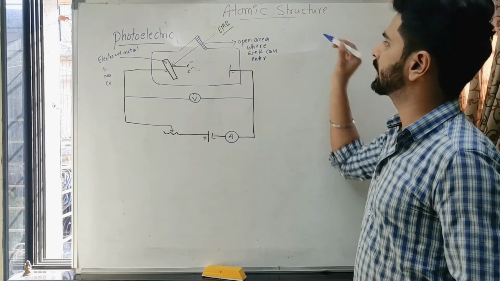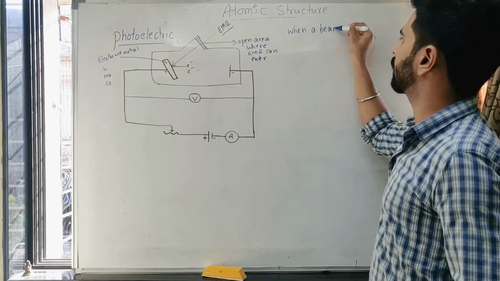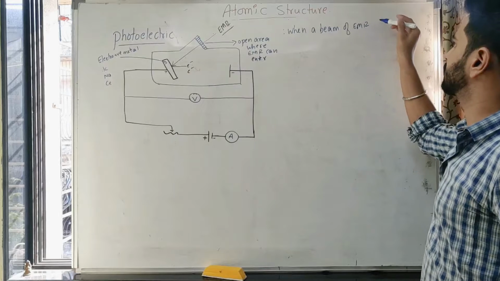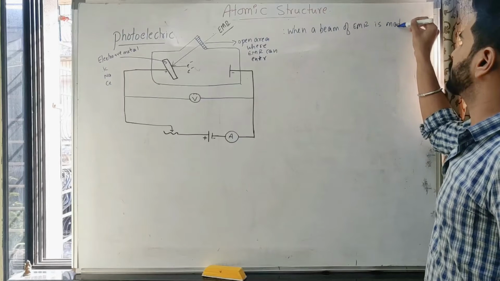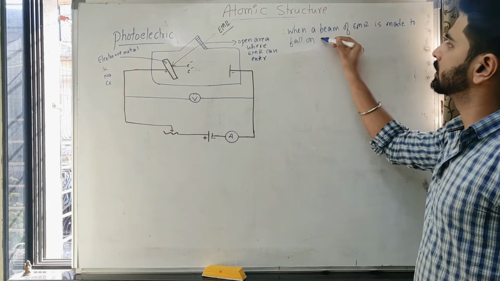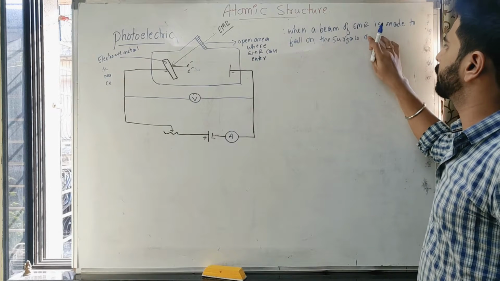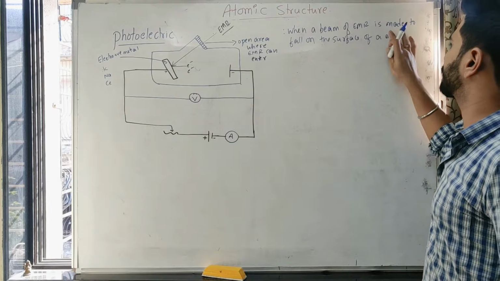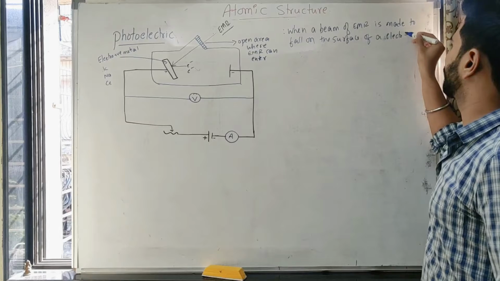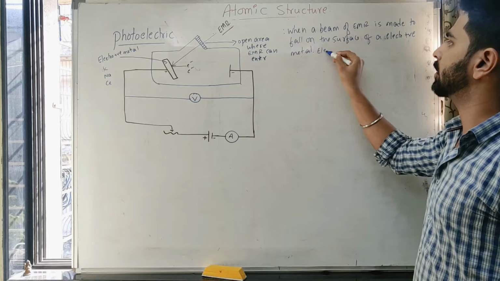So the effect is, when a beam of electromagnetic radiation is made to fall on the surface of a metal piece, an electropositive metal, electrons are ejected.